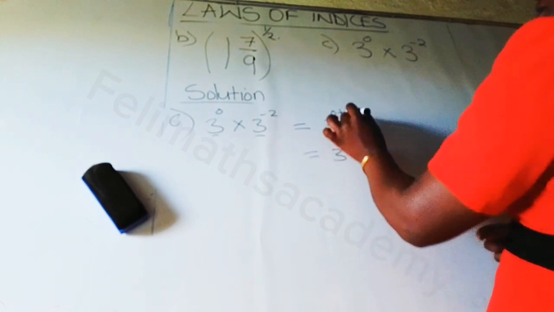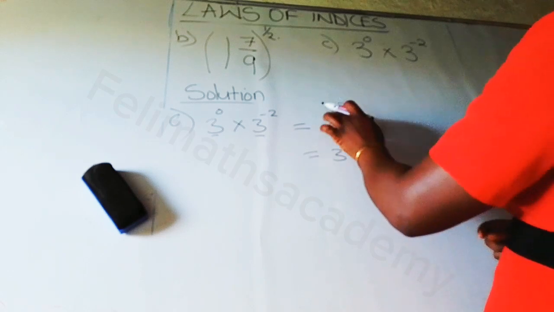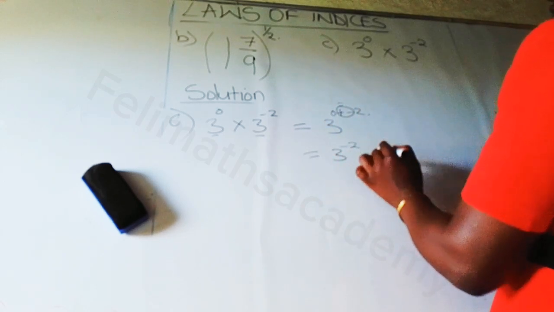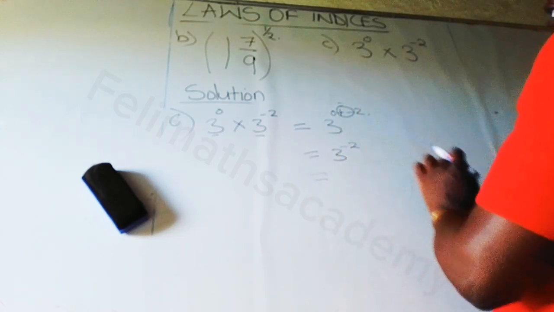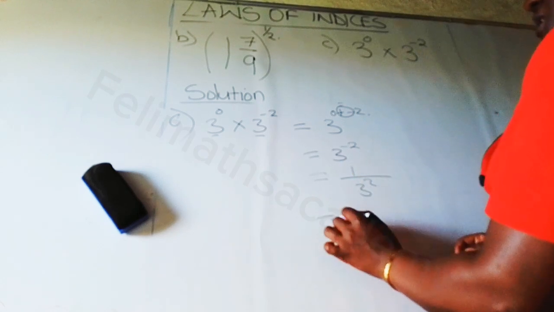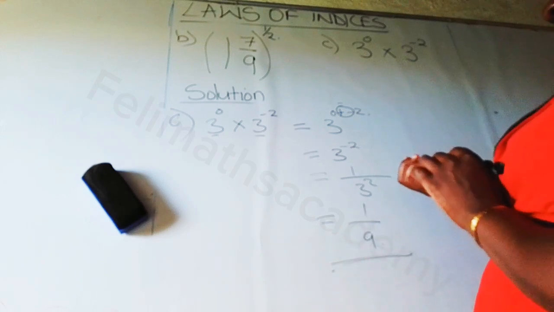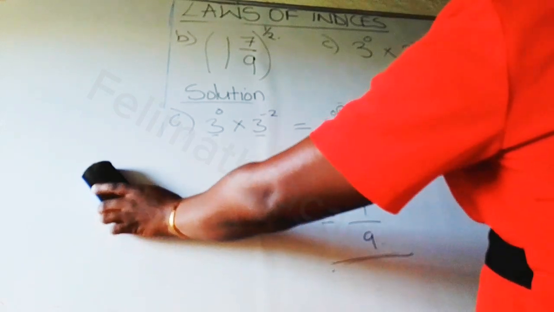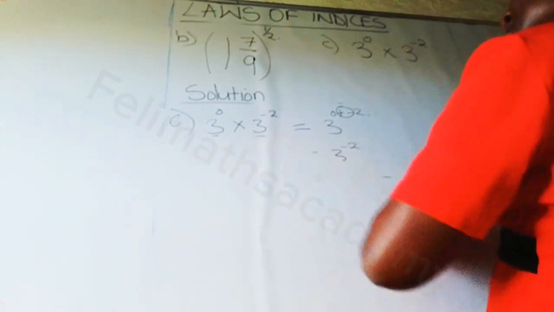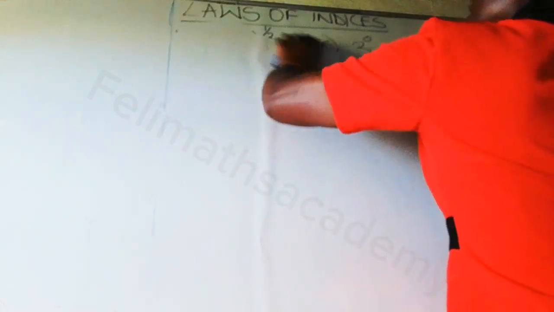So 0 minus 2 is a negative 2. And this negative is 1 over 3 to the power 2, which is 1 over 9. So that's how we solve those questions.